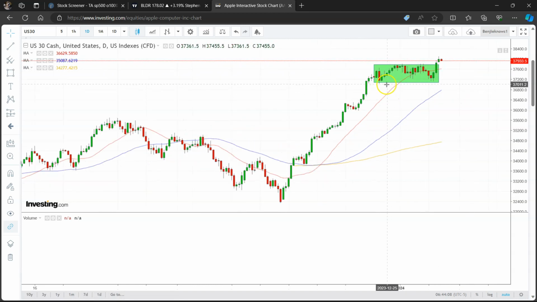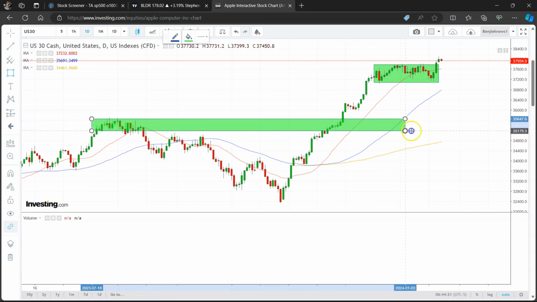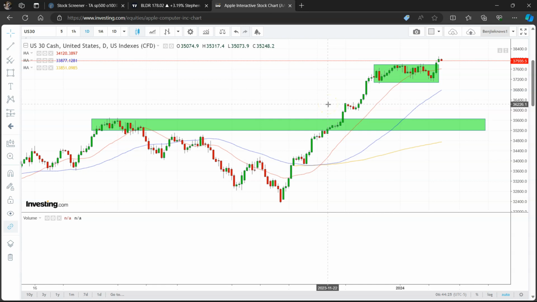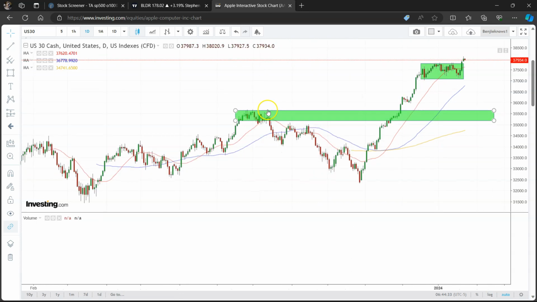We don't want to see it drop below here, otherwise it will be a correction down to this next support area. You must always remember to draw support areas, because support areas are areas where the market will stop dropping. Also a place where you might pick up shares cheaper for those of you who trade.